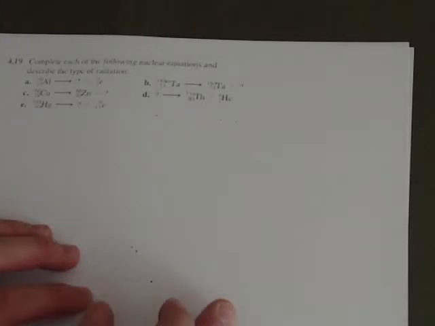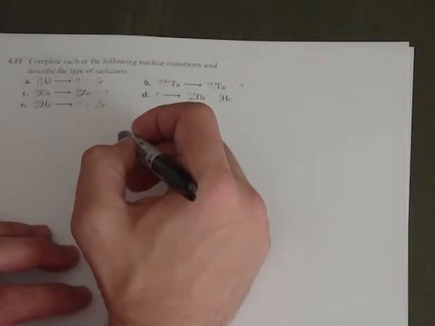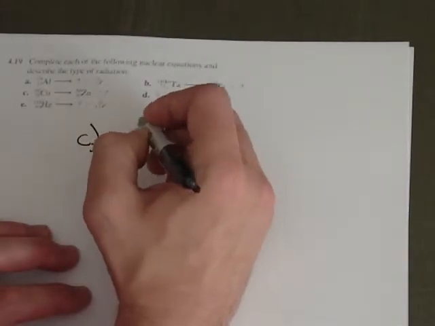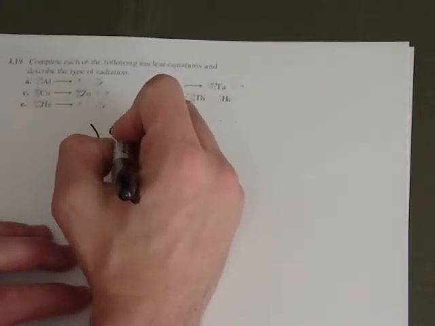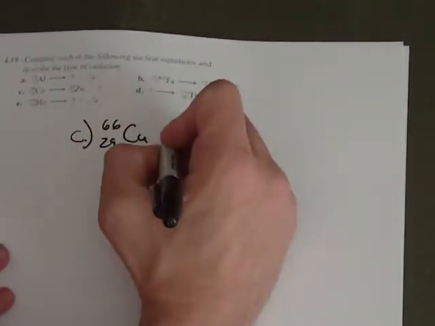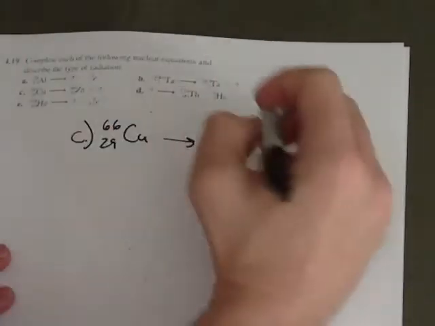On number 19, complete each of the following equations and describe the type of radiation. We'll do C and D. So C, we have Cu, 66 and 29, and that is decaying to zinc 66 and 30, plus question mark.